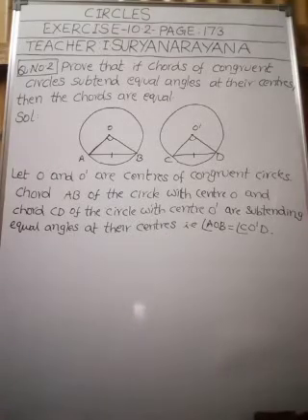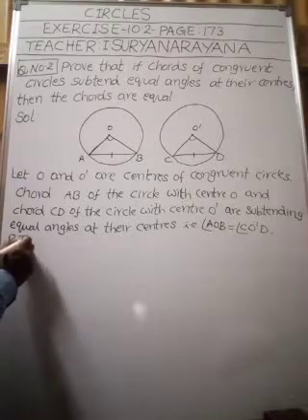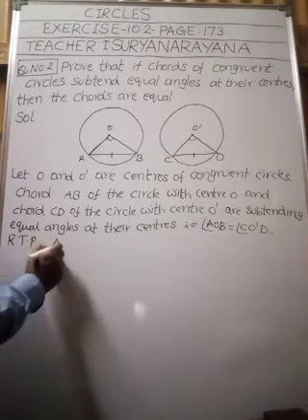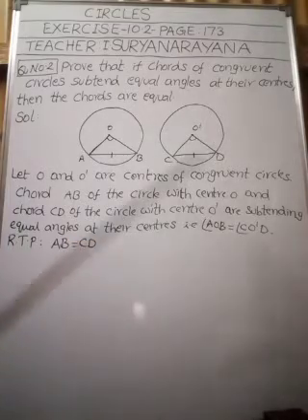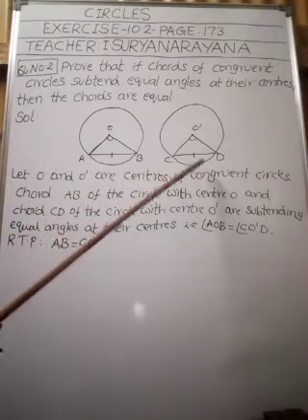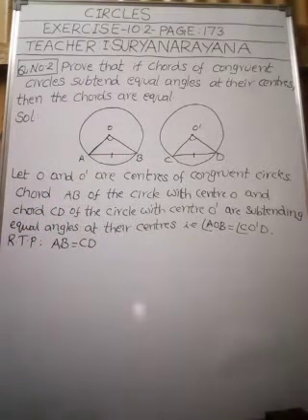Right. Now, if you observe the two figures, there are two triangles. We have to prove that AB is equal to CD. These two chords are of equal length.